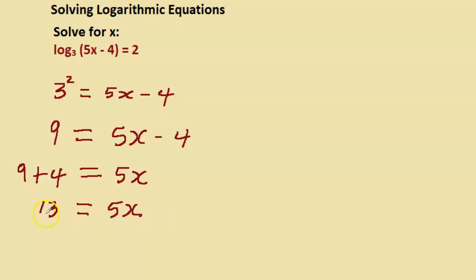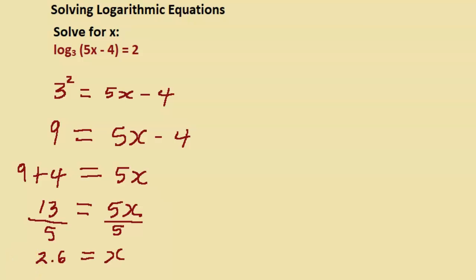Divide both sides by 5. So 5 into itself, that's 1, so 1x. And then 13 divided by 5, that's 2 with a remainder of 3, right? So 2 and 3/5, or it's 2.6. Or you could just leave it as 13 over 5. That's perfectly fine if it was left like that.